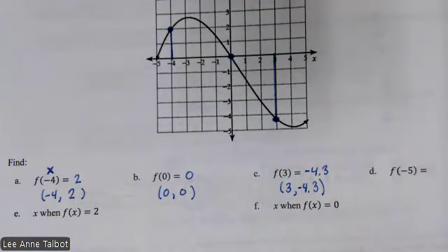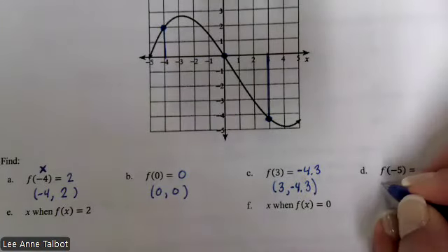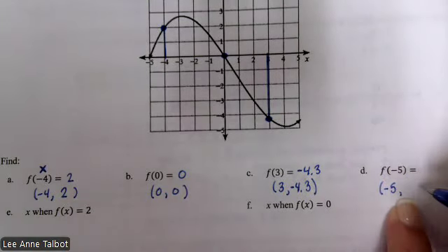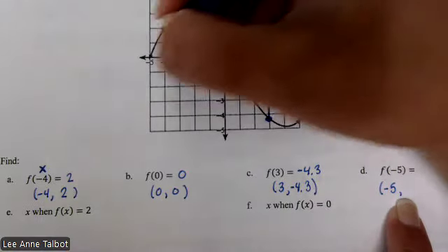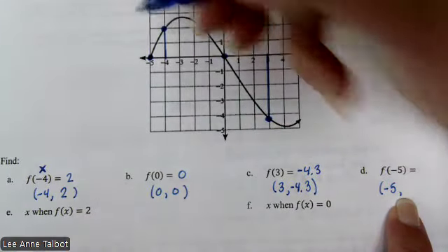We're not going to freak out because it's a decimal. It's totally okay. Okay, last one here. -5 comma something. -5 comma 0.